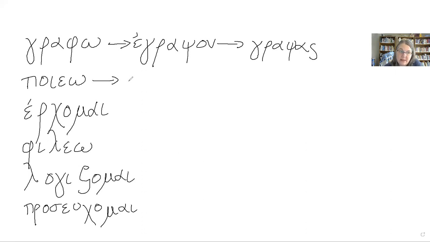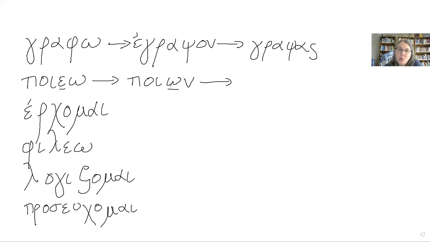With poieo, Duff asks us to turn it into a present plural participle. So we get the regular present stem. We can just go directly to the participle here without going through the aorist. So we get the stem poie, but the ending is going to be on for the singular form. So poion, and the epsilon will just get absorbed into the omega.